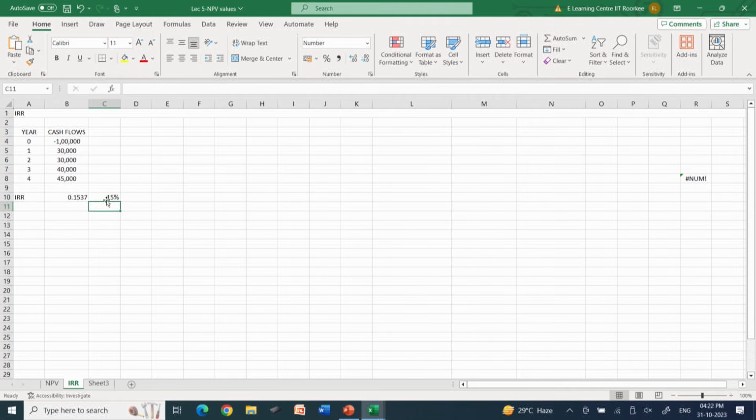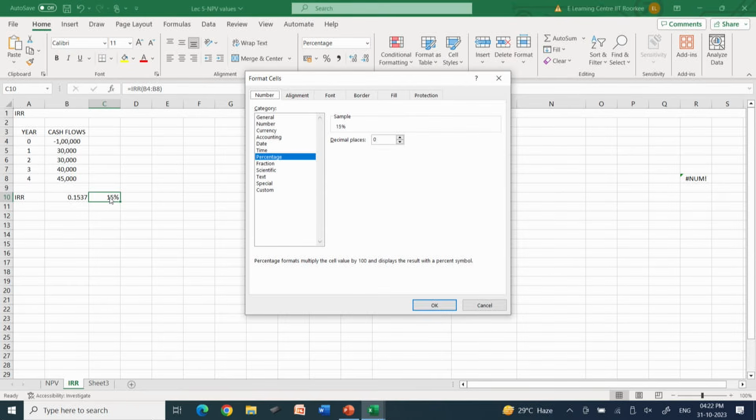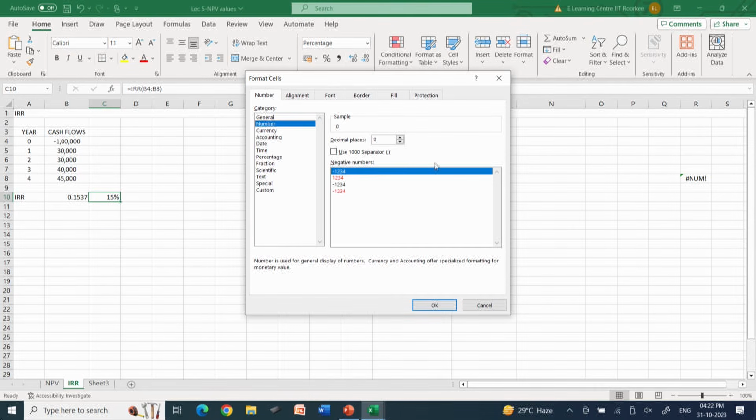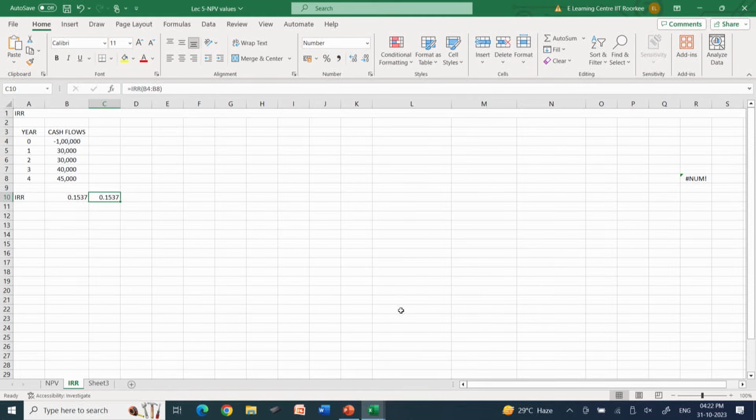We are getting 15%, so you have to make it more decimal. Here, make it to 4 decimal places. Yeah, you are getting 15.37%. So, this is the way to use Excel to find out the internal rate of return.